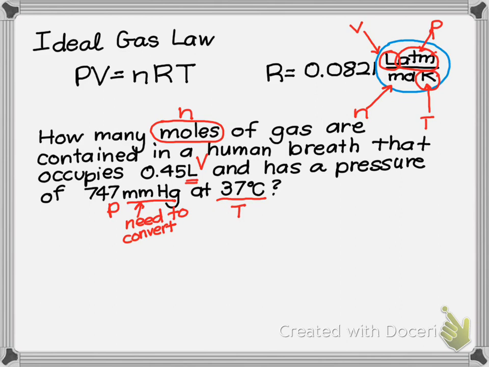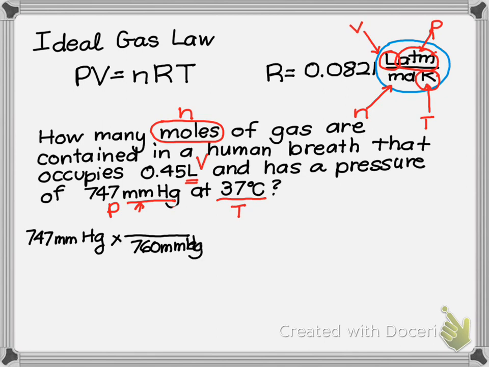So let's try. I'm going to start over here. I know I need to do pressure. So the pressure is 747 millimeters of mercury. To convert it, there are 760 millimeters of mercury in 1 atmosphere. I'm going to set it up so the units of millimeters of mercury will cancel.